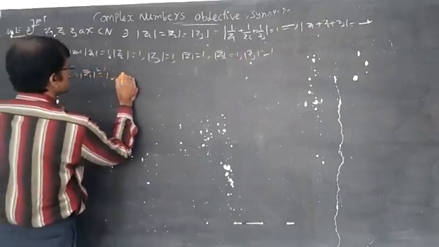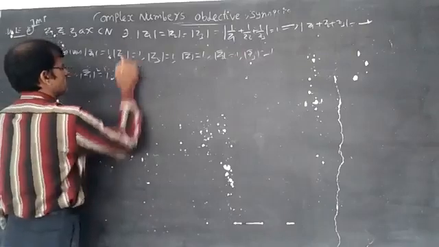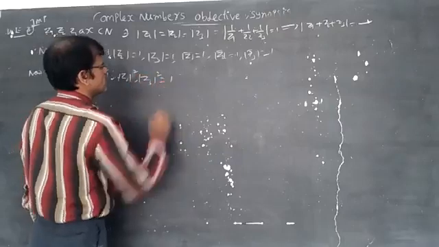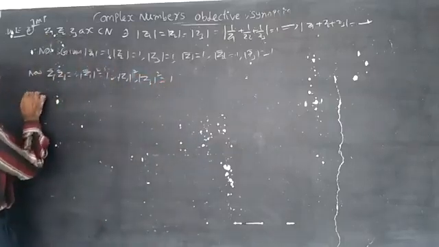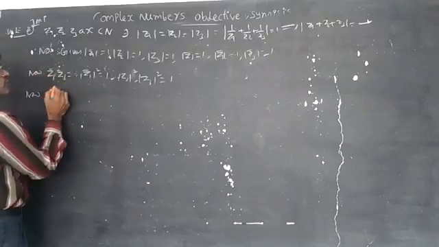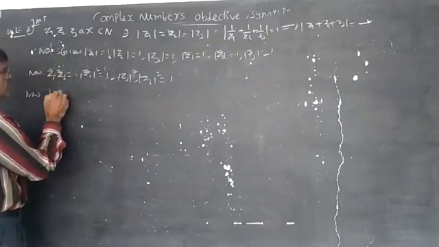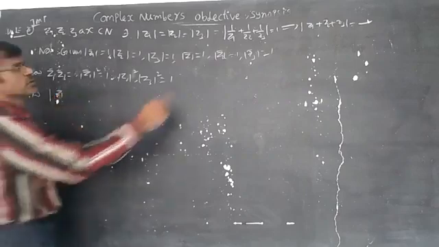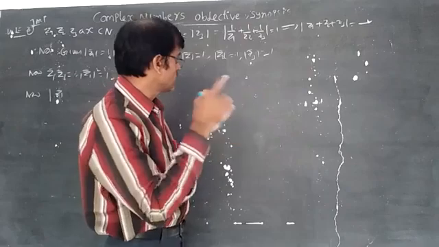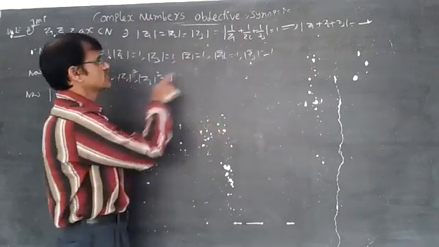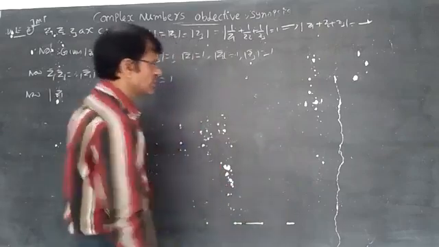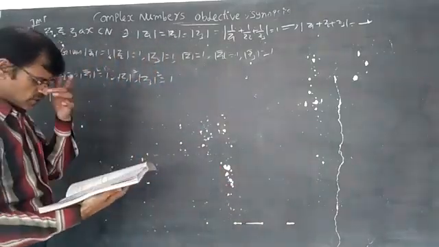Of course, mod z2 square is equal to 1 and mod z3 square is equal to 1. These are all unimodular complex numbers. Now, 1 by z1: you can understand that instead of 1 you can write mod z1 square by z1, mod z2 square by z2, mod z3 square by z3, like this. So we will get the answer also 1.